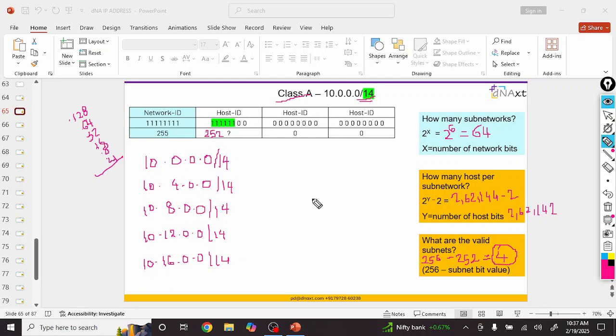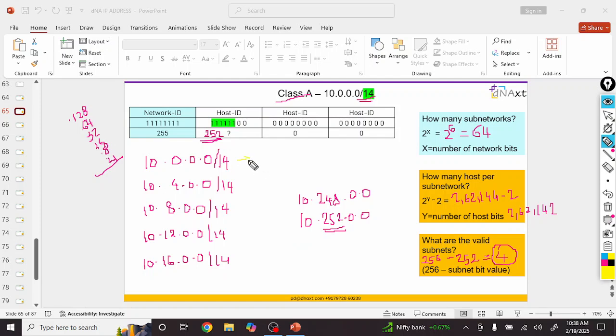And just now I have told you in the slash 13 video, if you have not seen it, please go through it, that the last subnetwork we can write as 10.252.0.0, right? The subnet bit value will come in the octet where the increment is taking place. Previous to this it will be 10.248.0.0, the second last subnetwork.